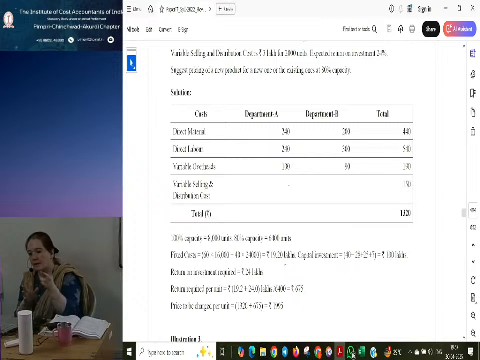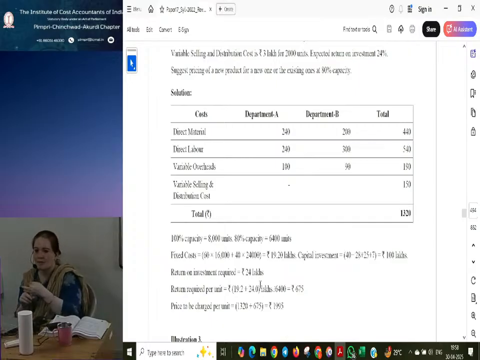Then coming to the return. Return is also the total return that is expected. So 19.2 lakhs plus 24 lakhs put together upon how many units? We are at 80% capacity, 6,400 units. So it comes to an expectation of 675 rupees per unit. This 675 is the expected return on investment and the fixed cost that needs to be recovered from the units produced.